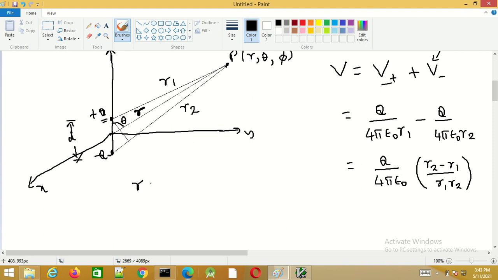So at a point P which is at a large distance from the dipole, we are determining the potential.